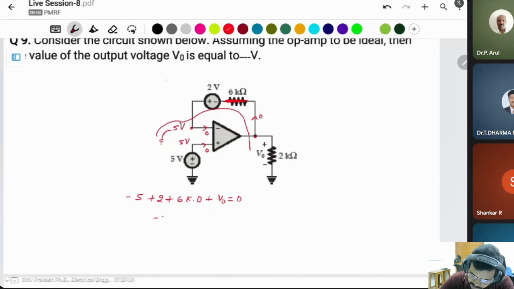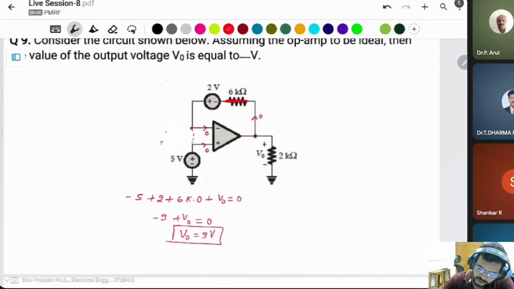And this is minus 3 plus Vo equal to 0, so Vo is 3 volt. If you take this as the source of the virtual short, then you can start the KVL from this one to this one. These resistors have no meaning because there is no current.